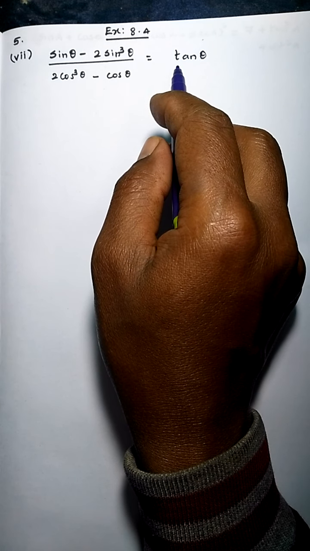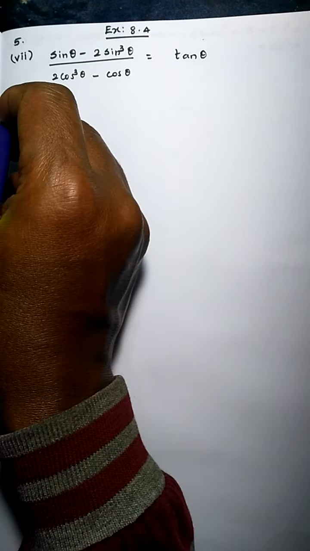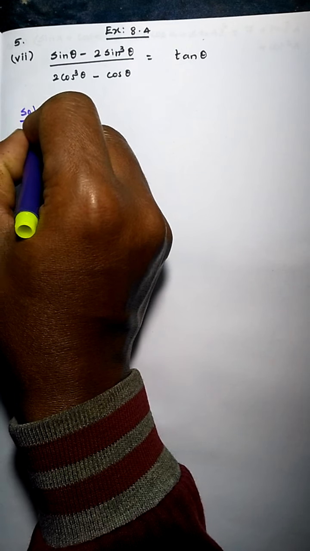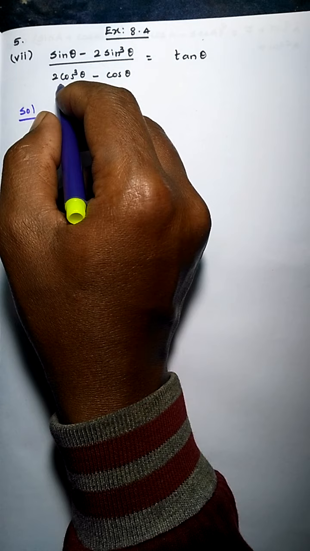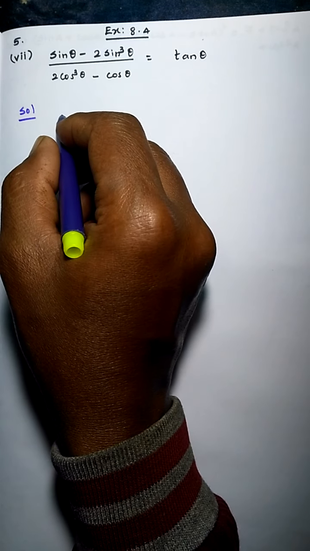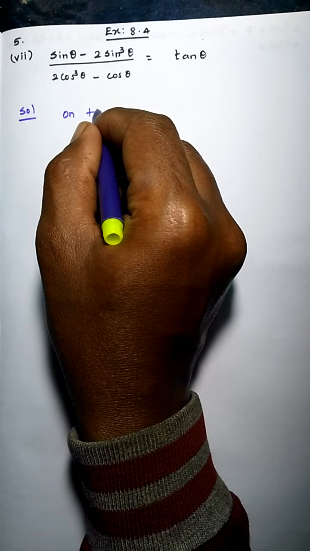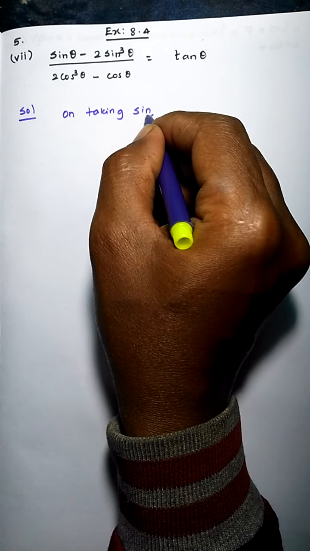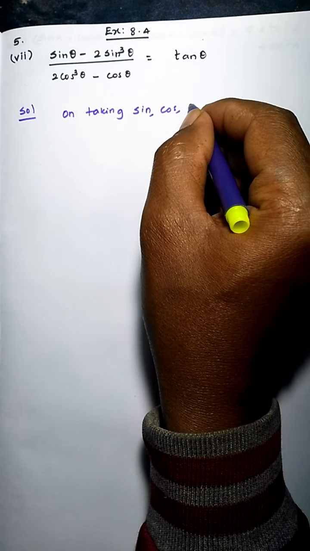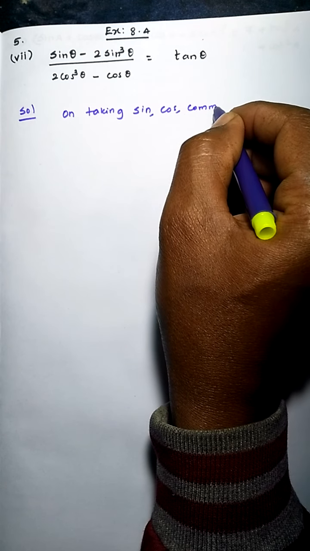Means we have to prove that tan theta. Let's take sine common outside in the numerator, and in the denominator we can take cos common outside.